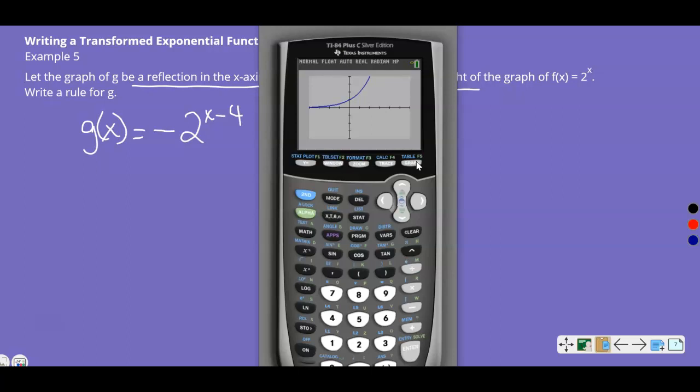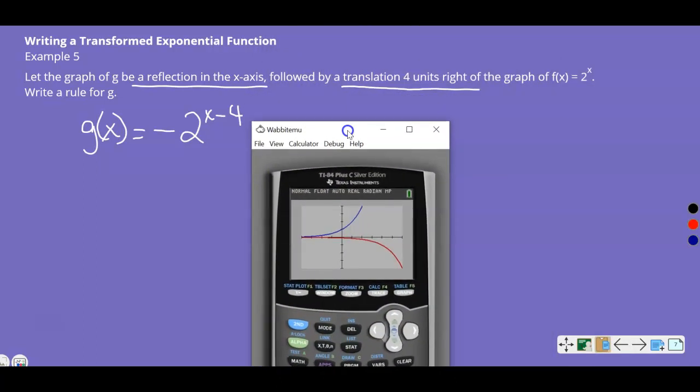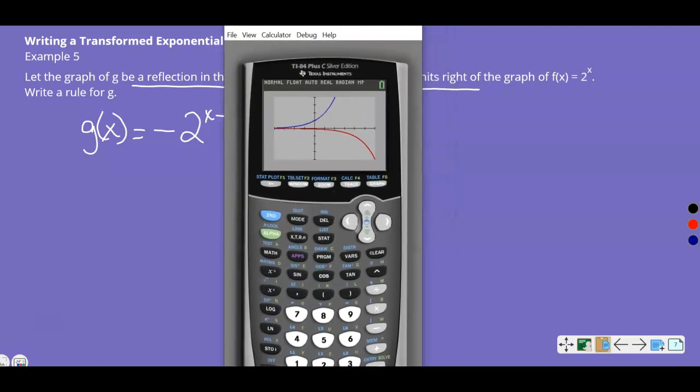All right, so the blue line is going to be the original function, f of x, and the red line is the reflection across the x, translated 4 units. And you can see that that graph is your translation. So you can feel good about it.